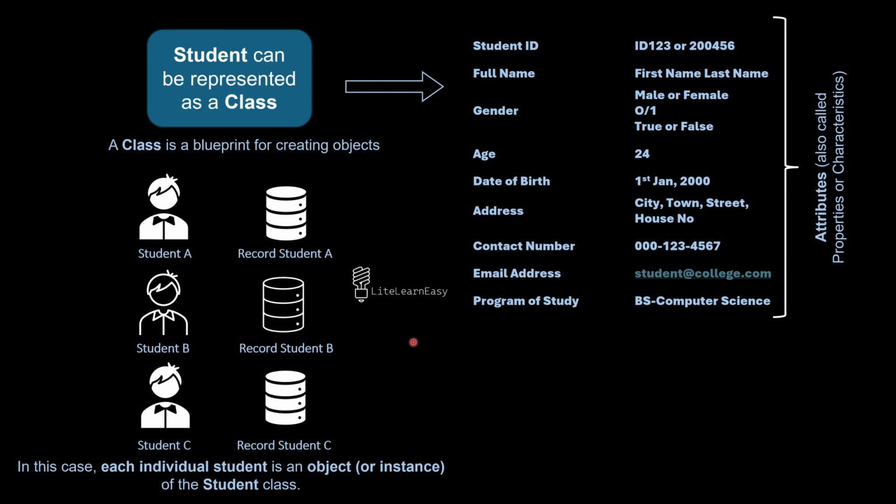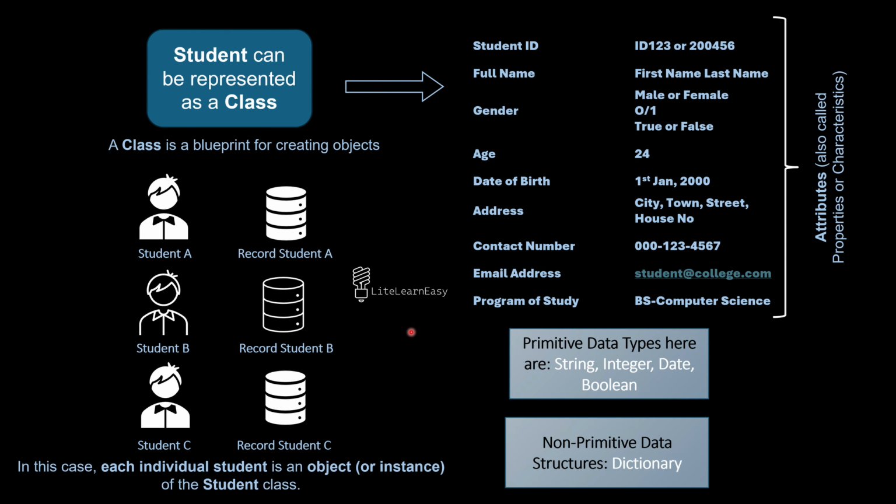Now, in the earlier slide, I shared the definitions of primitive and non-primitive. So what will be the primitive data types here, and what will be the non-primitive data types here? You can see that the primitive data types here are the string value, let's say full name or gender, and maybe address, which I would like to store in the string data type.